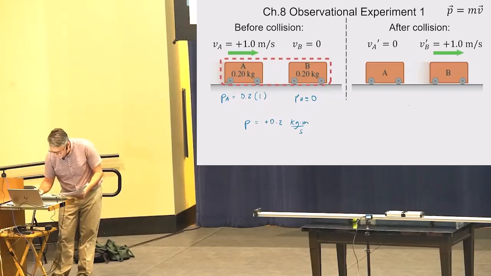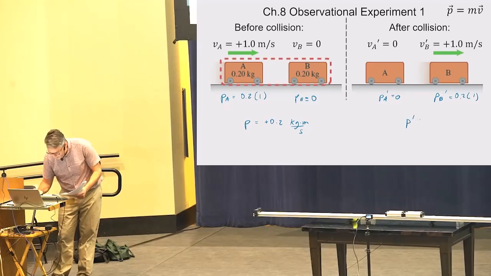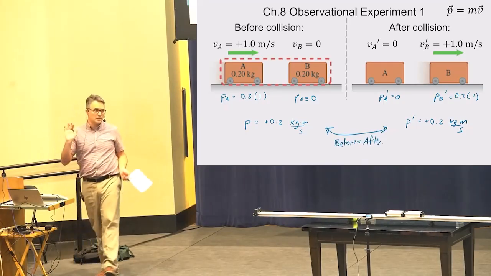This was that first experiment I did. And then what happens at the end: PA prime is 0, and PB prime picks up all that final momentum, 0.2 times 1. So P prime is also equal to 0.2 kilogram meters per second. So this is before equals after. That's the first experiment I did.